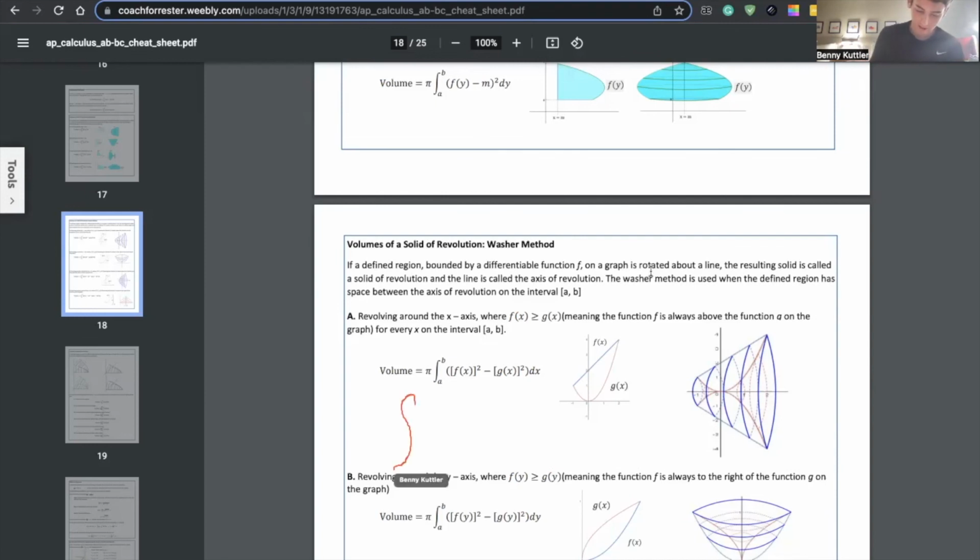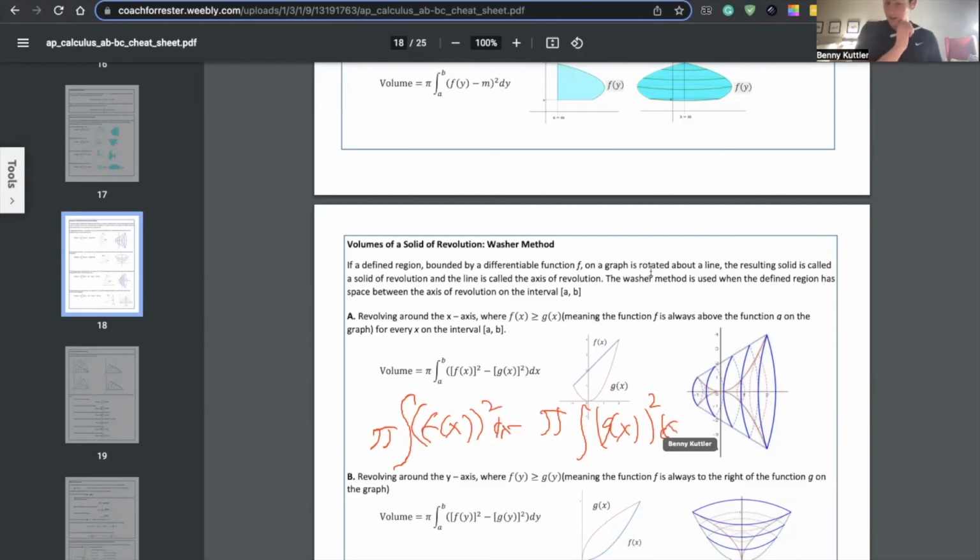So we think about it as pi times the integral of f of x squared, that's the total area, minus the area of the smaller circle, which is pi times the integral of g of x, quantity squared dx. Don't forget the dx. They will not give you credit if you forget this dx, so very important.